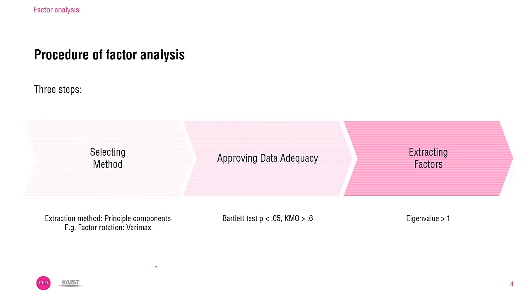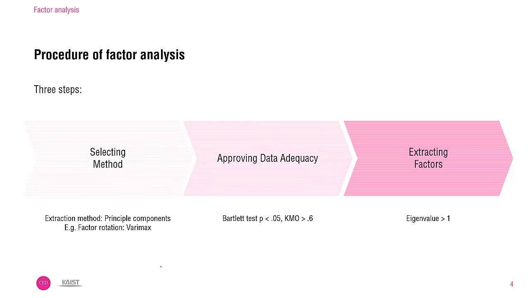Instead, using SPSS, we can statistically check up two things. So check the adequacy in terms of the following two things. The first one is Bartlett's test for sphericity, and the other one is the KMO test. KMO stands for Kaiser-Meyer-Olkin. You don't need to memorize all the names.